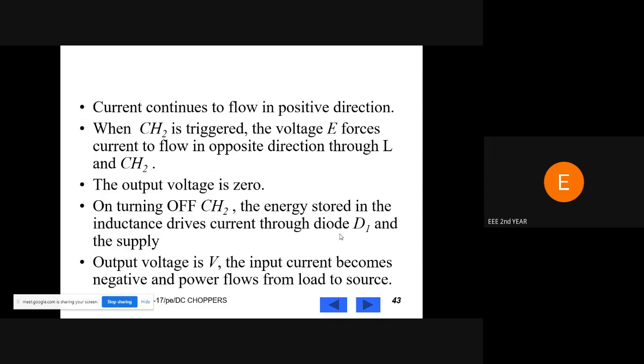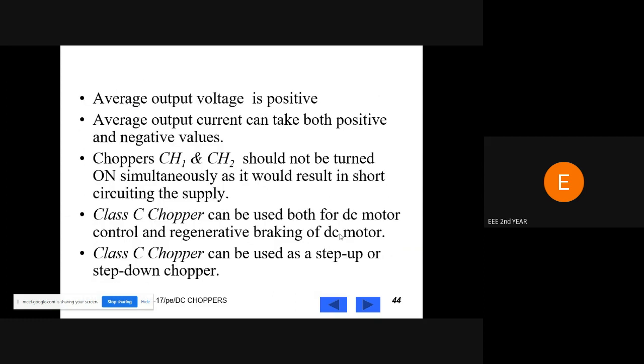The output voltage is zero. When chopper 2 is turned off, the energy stored in the inductance drives the current through diode D1 and the supply. The output voltage is V. The input current becomes negative and the power flows from load to source here.